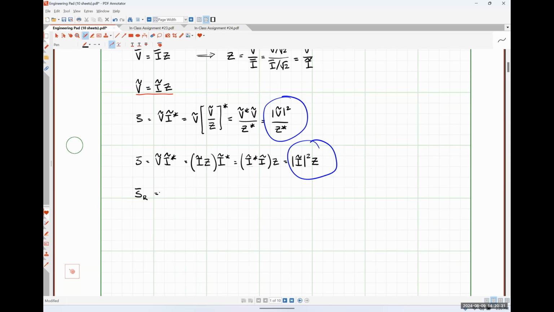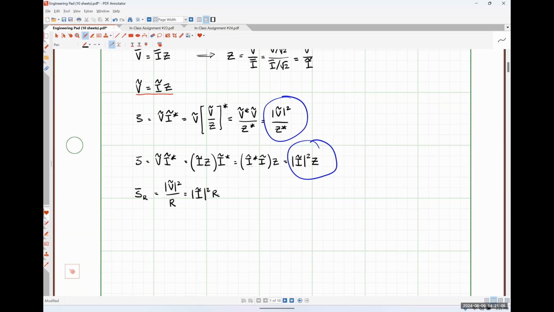So that means that for a resistor, the complex power is nothing more than the magnitude of the voltage squared over R, or the magnitude of the current squared times R. Effectively, these are the exact same thing as our DC relationships, which should make sense because the effective value of an AC signal is a DC representation of that signal.